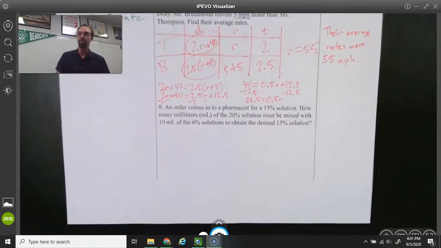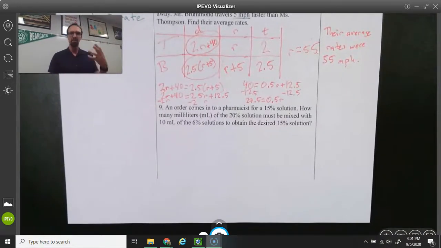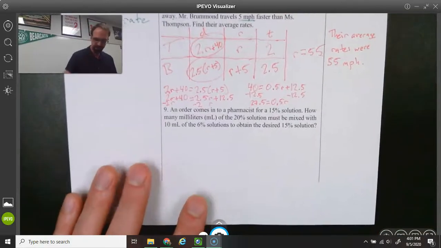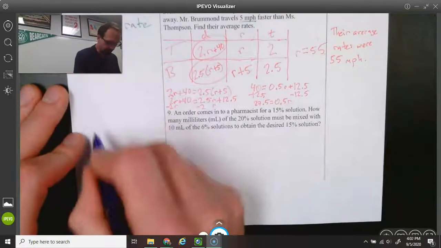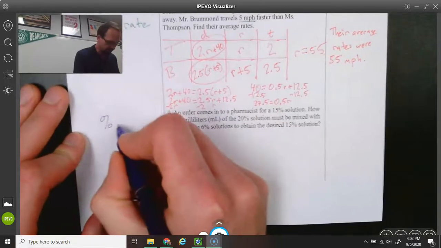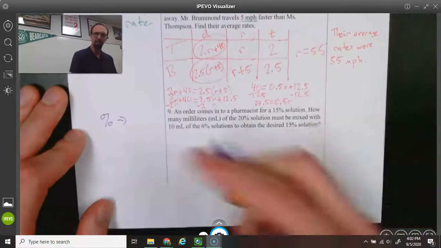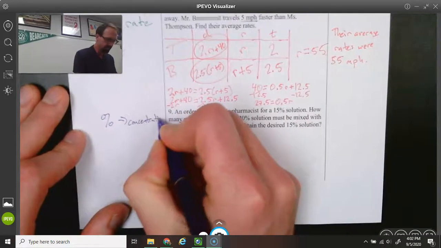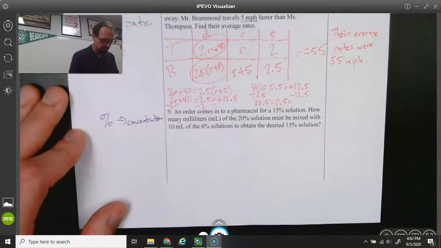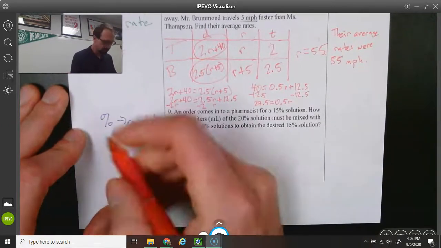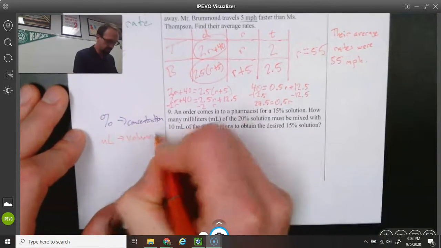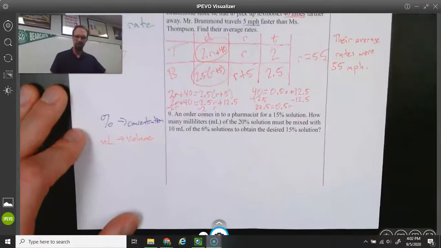So if I think about the different types of values that I have, I have a percentage of a solution, and sometimes we'll call that the concentration. And then we have milliliters, and the milliliters is volume. So let's see how this relates.